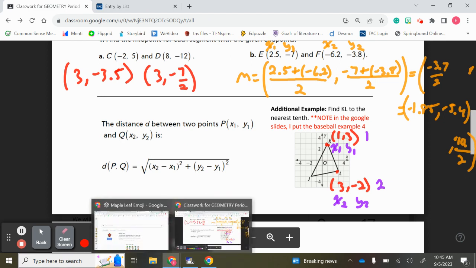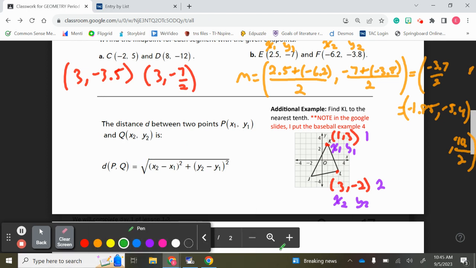So here I'm going to have the square root of 3 minus, there's my x2, here's my x1, 1, quantity squared, plus, looking at my y's, here's my y2, here's my y1, so this will be negative 2 minus 3, quantity squared.